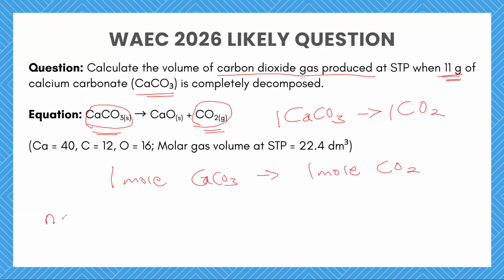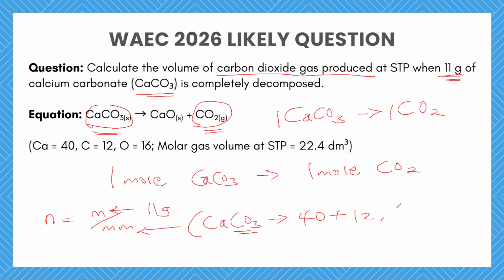The number of moles is equal to mass divided by the molar mass. The mass of calcium carbonate in this case is 11 grams, as given in the question. The molar mass of calcium carbonate, we do not know it, but we can calculate it. It is given by CaCO3. Now, Ca is 40 plus C is 12 and oxygen is 16, 16 multiplied by 3 since we have 3 atoms of oxygen.